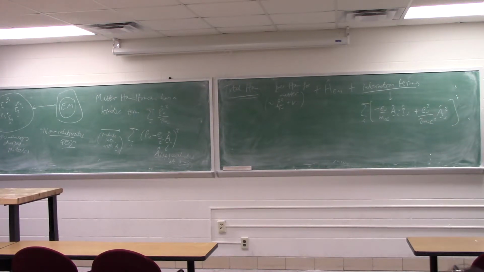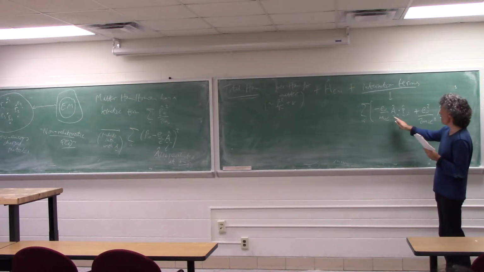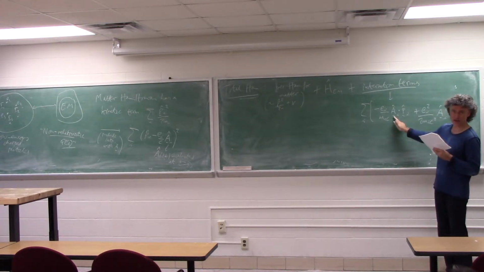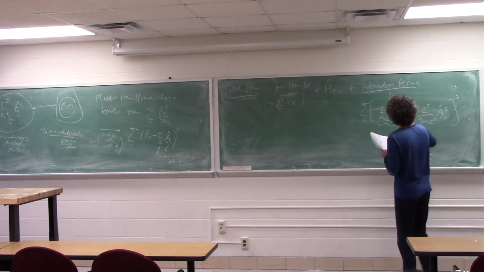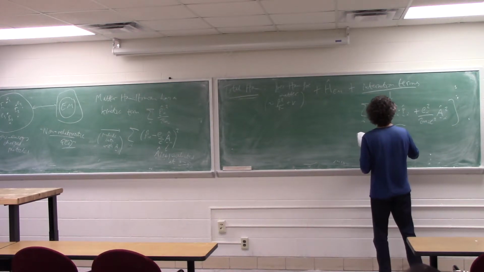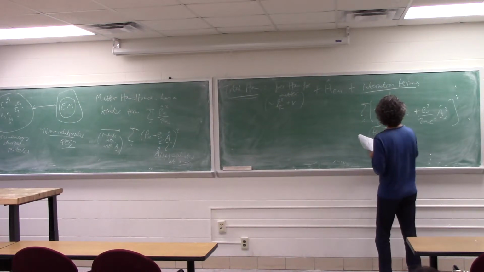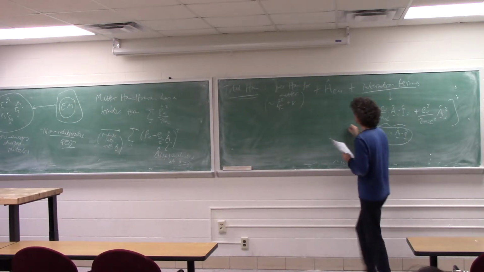All right, now what happens? Let me just tell you about these different terms. So here is a term where we've got the quantized vector potential operator dotted with the momentum operator. Let's think about terms in A dot p.